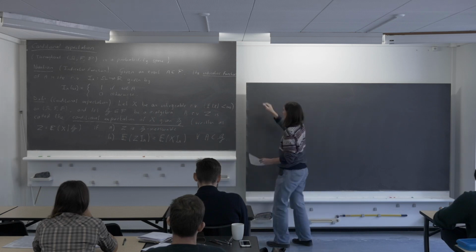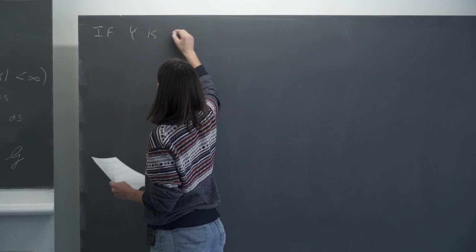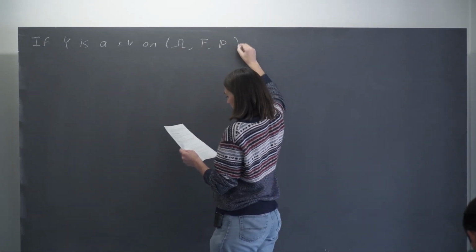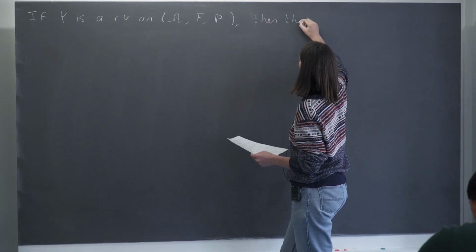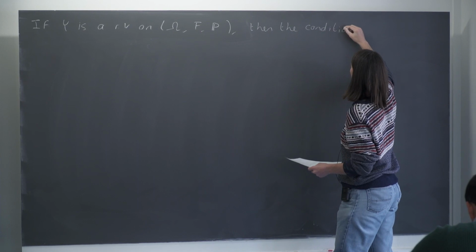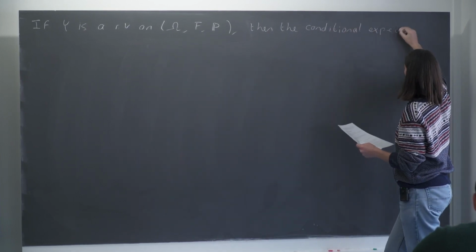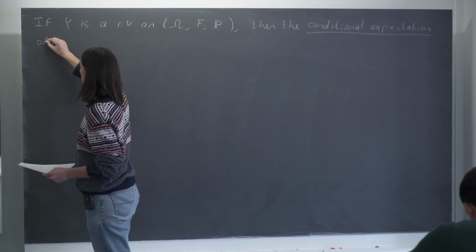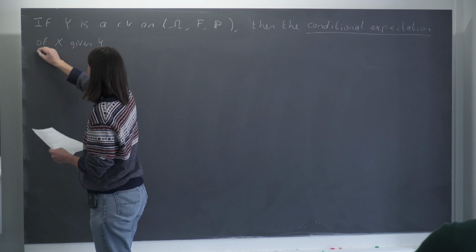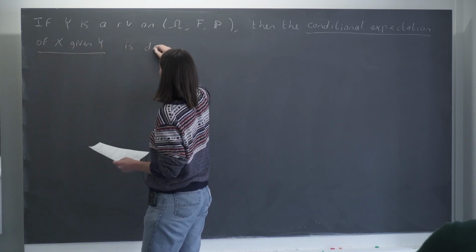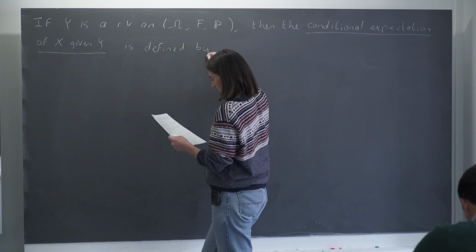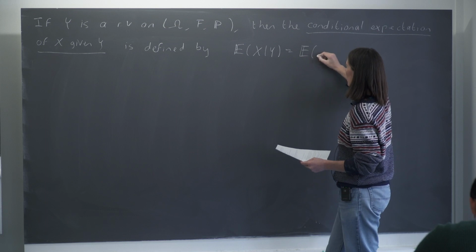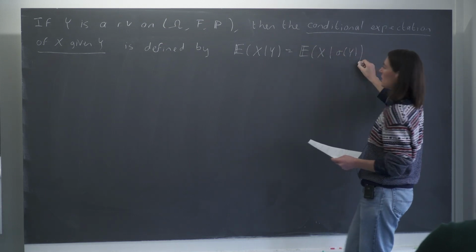So let's just say if Y is a random variable on (Ω, F, P), then the conditional expectation of X given Y is defined by the expected value of X conditioned on Y is equal to the expected value of X conditioned on sigma(Y).